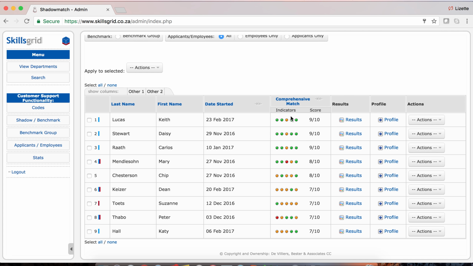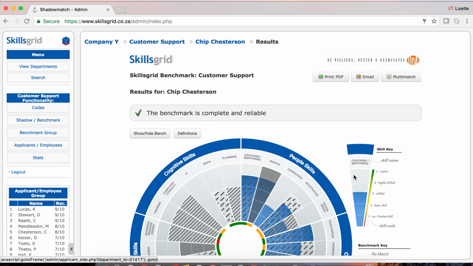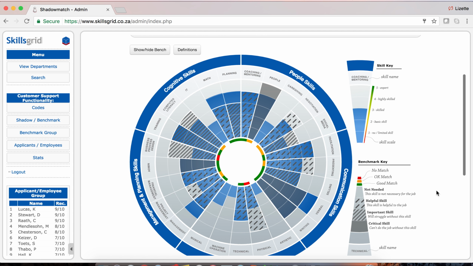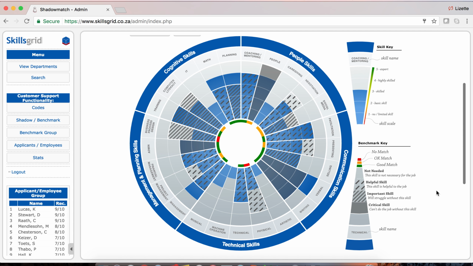If I now want to see how one of these people compare to the benchmark, I go and I click on result. Let's use Chip Chesterton. He's an 8 out of 10 match. Let's click on results. The system has now overlaid Chip, who is the blue, over the benchmark of the top performers in customer support.